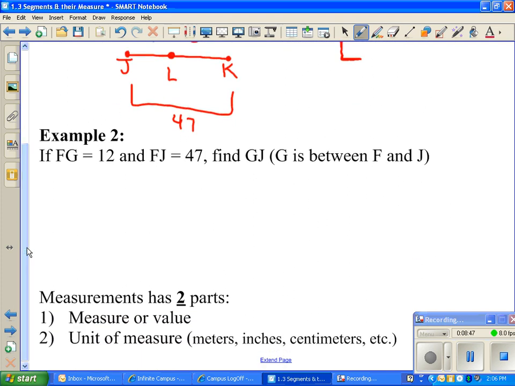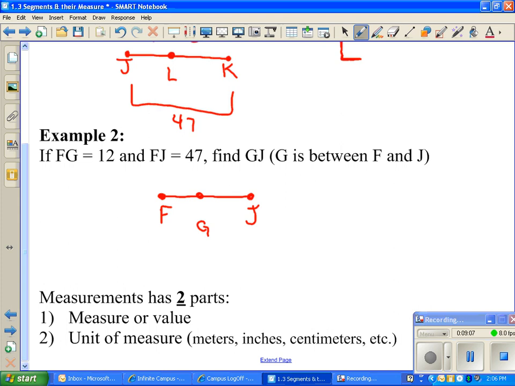Example 2, you have FG equals 12, FJ equals 47, find GJ. Okay, my hint is G is between F and J. So your endpoints are what? There you go. F and J, and G's in between them, somewhere. I don't know if it's halfway in between.